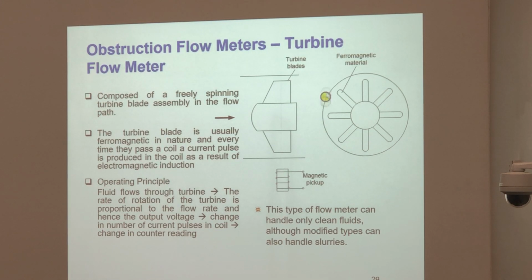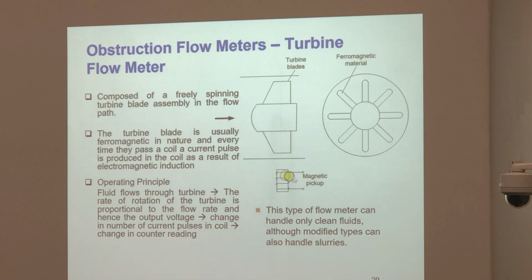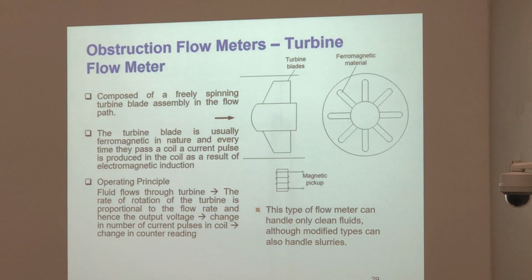The faster it moves, the more electric signal I generate. So from there, I can interpolate it to the flow rate. Based on a certain electricity, I know what the flow rate is. So this is the entire working principle.